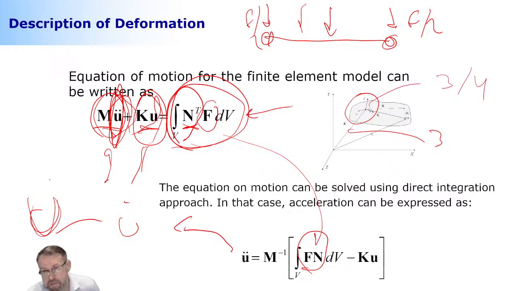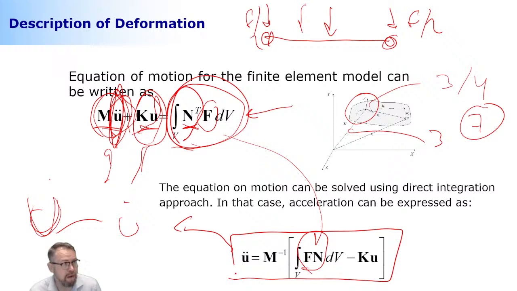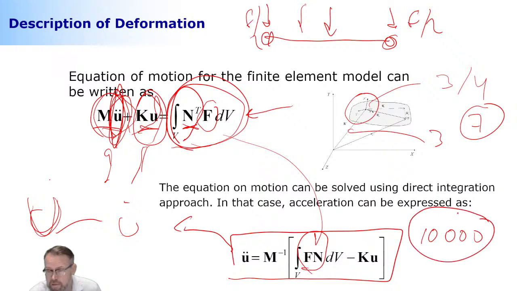So that's max 7. And then a typical finite-element model consists of 10,000 degrees of freedom, 100,000 degrees of freedom, sometimes more. If it is, let's say, the minimum 10,000 degrees of freedom, 7 versus 10,000, they don't get along well.